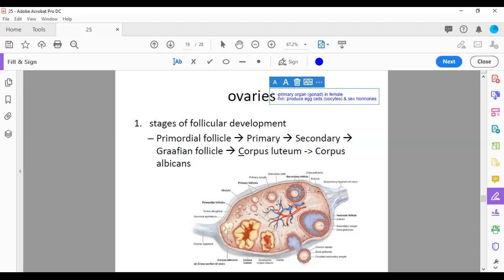In this case, the sex hormones are known as estrogen and progesterone.